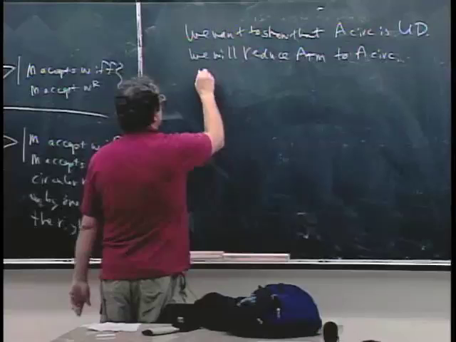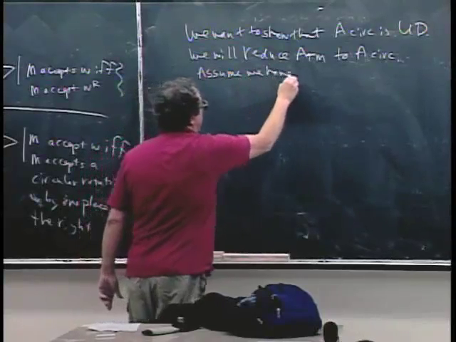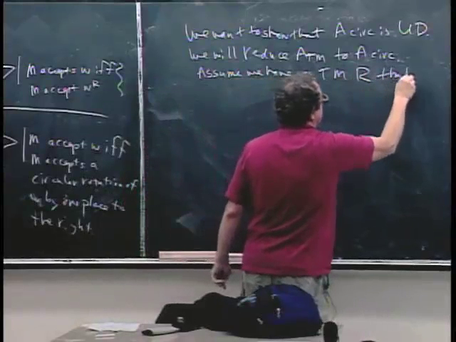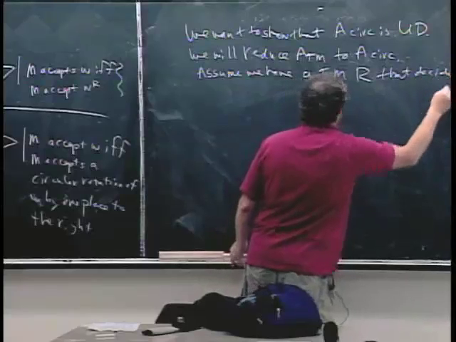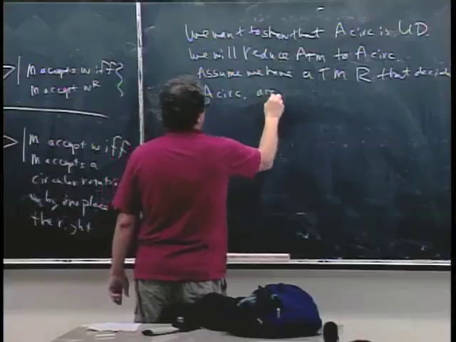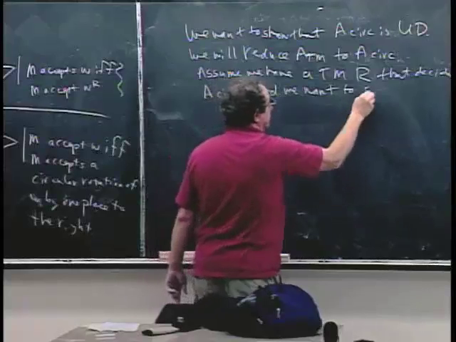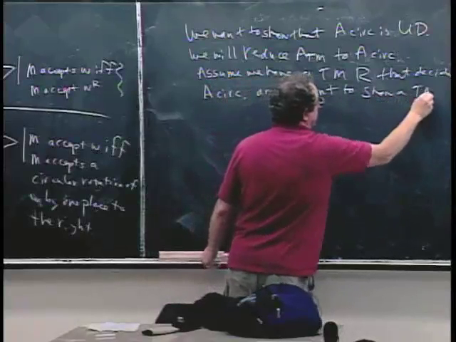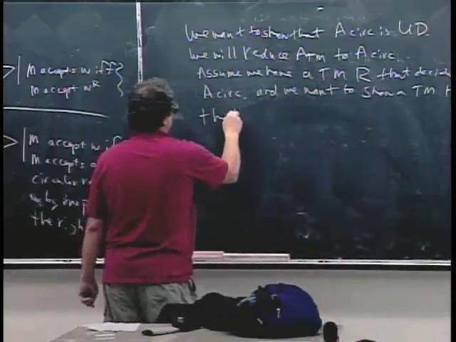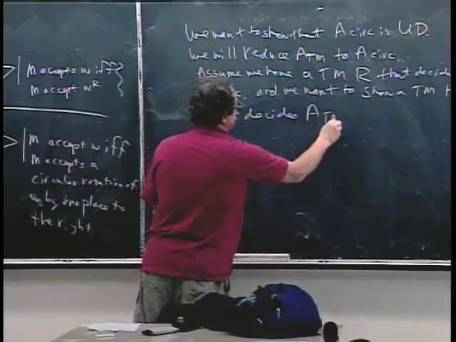So we assume we have a Turing machine R that decides A circ, and we want to show, therefore, a Turing machine H that decides ATM.